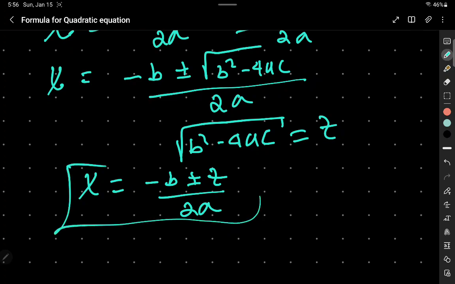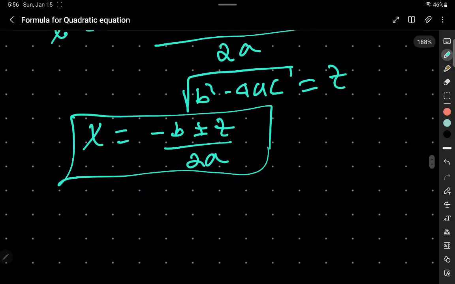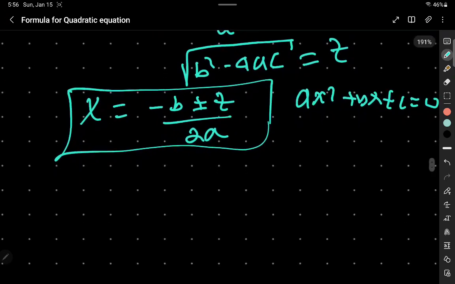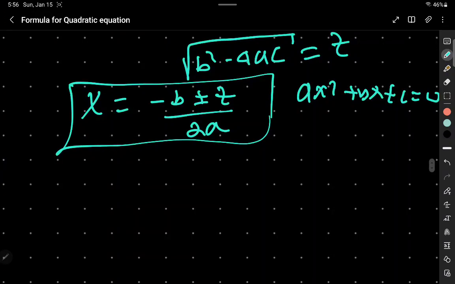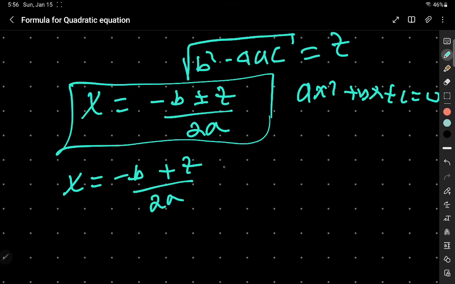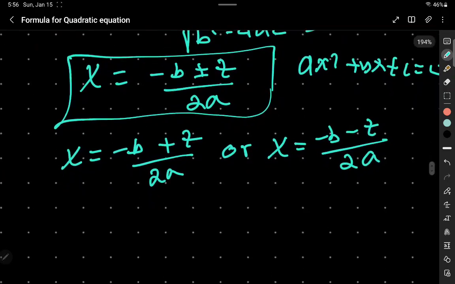This is how to find the expression for x in the case where ax squared plus bx plus c is equal to 0 is given and x is required. But there are two possibilities. x is going to be minus b plus z over 2a, where z is the square root of b squared minus 4ac, or the other route is x equals minus b minus z over 2 times a. So there are two possibilities.